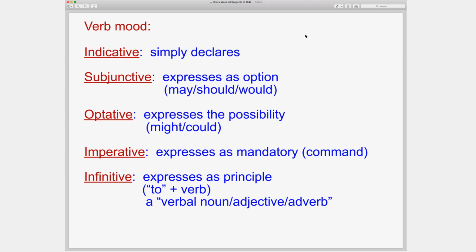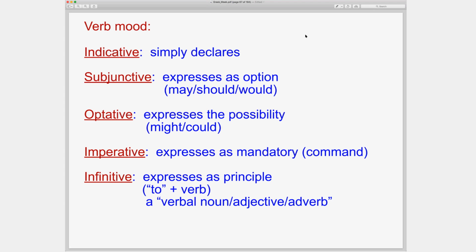So grammatically it's an option. Optative expresses a possibility. I might do it. I could do it. Imperative expresses it as mandatory, a command. Do it.